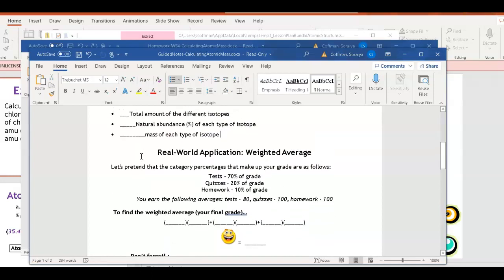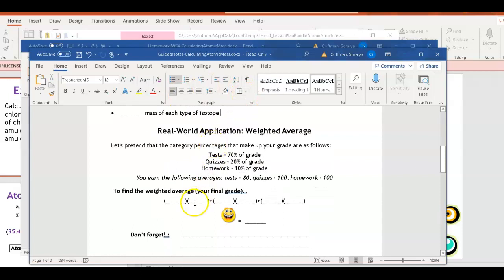So we'll come back. I'll repeat these, but say that you have 70% of your grade is tests, 20% is your quizzes, and then 10% is your homework. So this is a real world application.